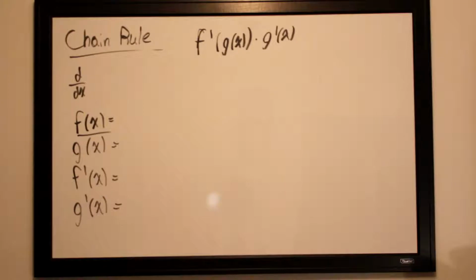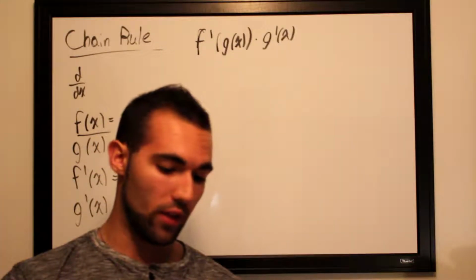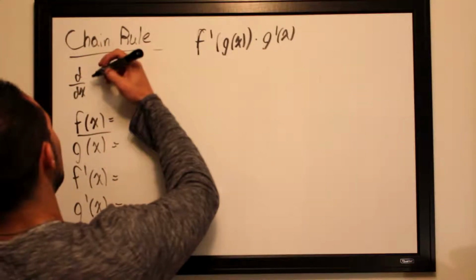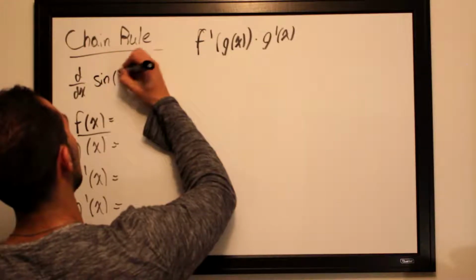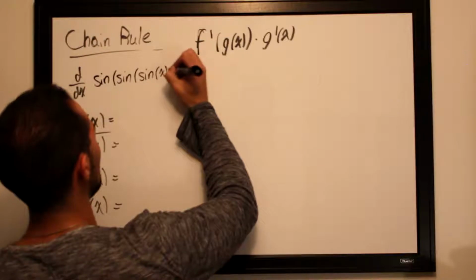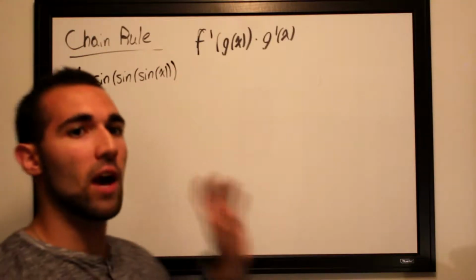Now we're going to get into more than one use of the chain rule in order to evaluate derivatives. We want to take the derivative of sine of sine of sine of x. So let's take a moment to ignore this final outer function.